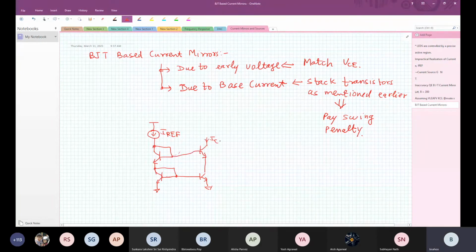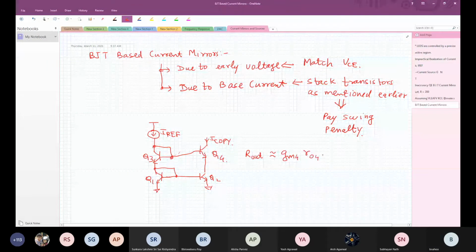So Q1, Q2, Q3 and Q4. What is the output impedance here? R out is roughly equal to gm4 ro4 ro2, right? Roughly equal to. Am I clear?